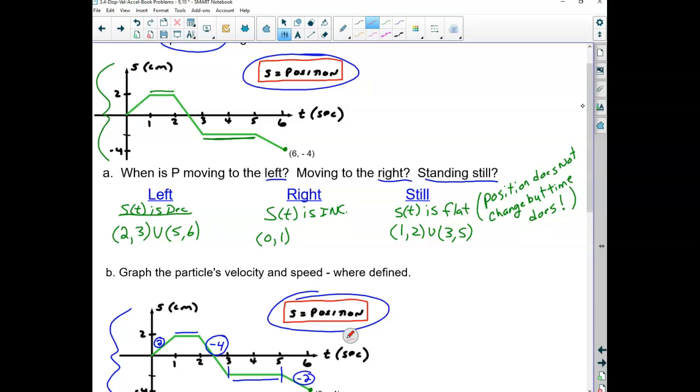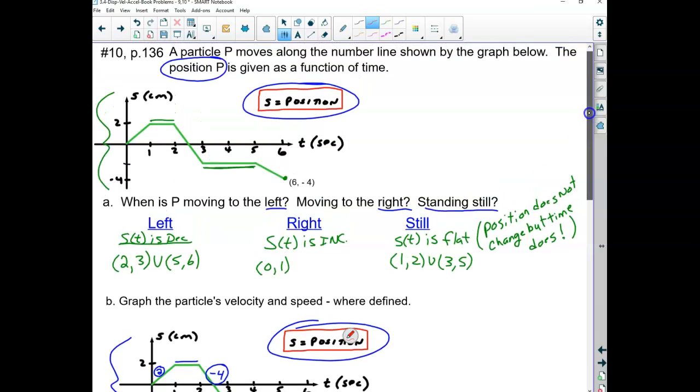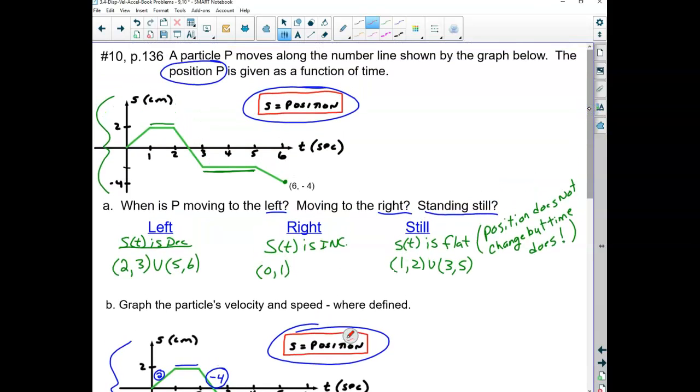Therefore my slope was constant, so my velocity stayed the same. My velocity didn't increase or decrease in a way in which my particle would be speeding up or slowing down. It does speed up and slow down on the other graph, but on my position graph I can't tell that because the velocity is constant, because it's a line. So that ends this up.